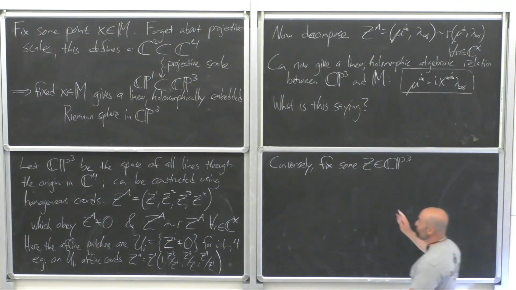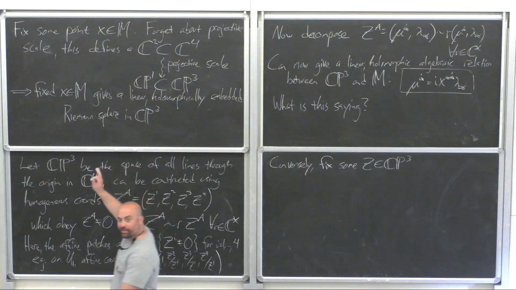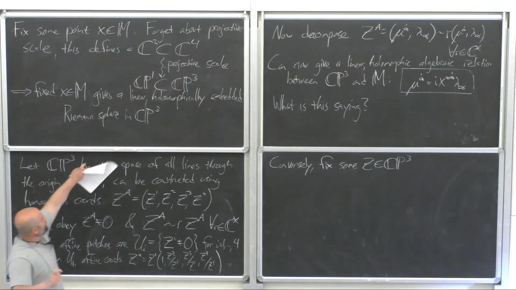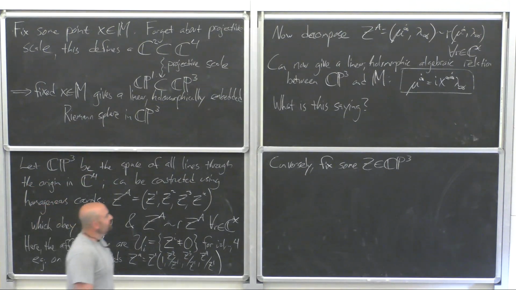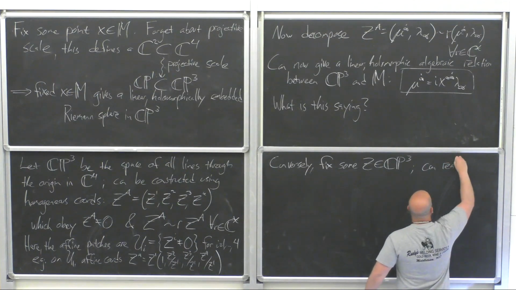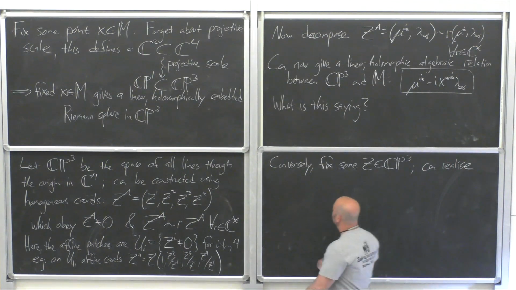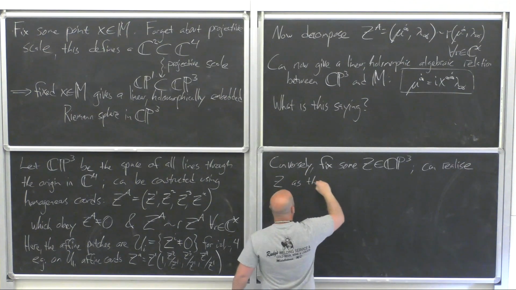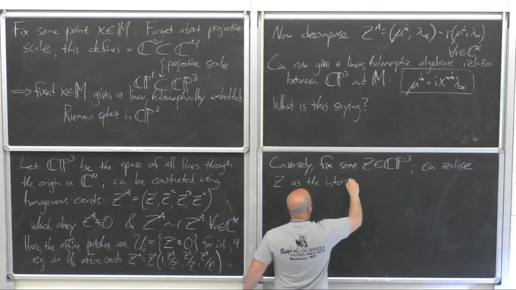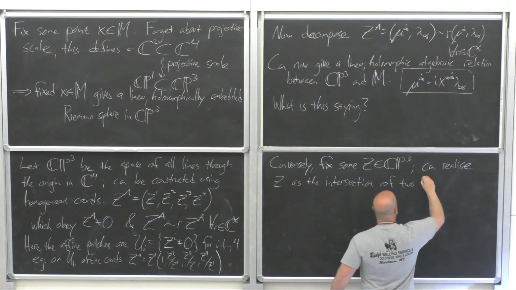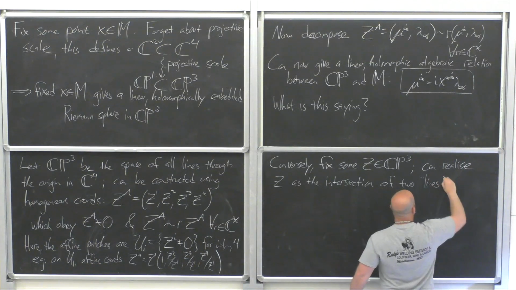Based on what I just said about these holomorphic Riemann spheres, I can always define such a point by the intersection of two of these holomorphic lines. So you can always realize Z as the intersection of two of these lines.